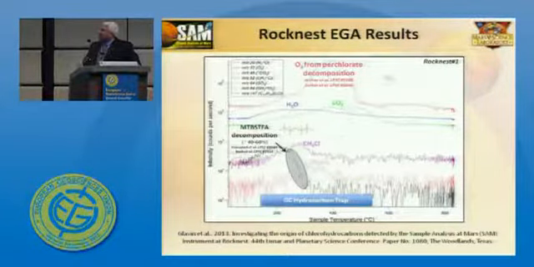As Cyril mentioned, we also have evidence not only of the oxygen release, but also of chlorohydrocarbons. For instance, here you have chloromethane and dichloromethane, and these peaks are correlated with the decomposition of this reagent that we carry from Earth, MTBSTFA.